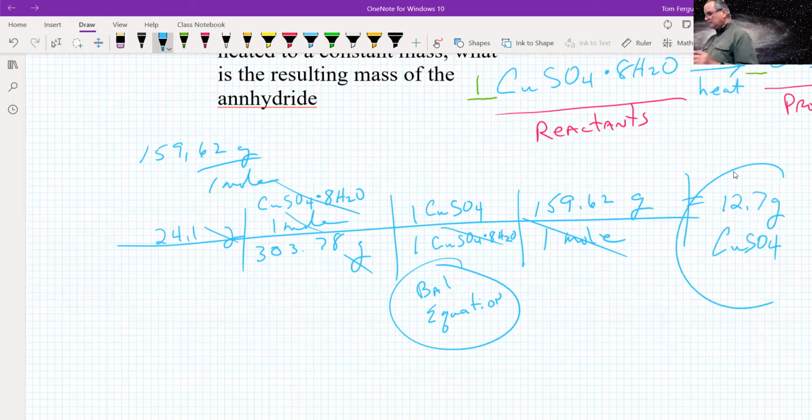So we're going to end up with 12.7 grams of hydrate.